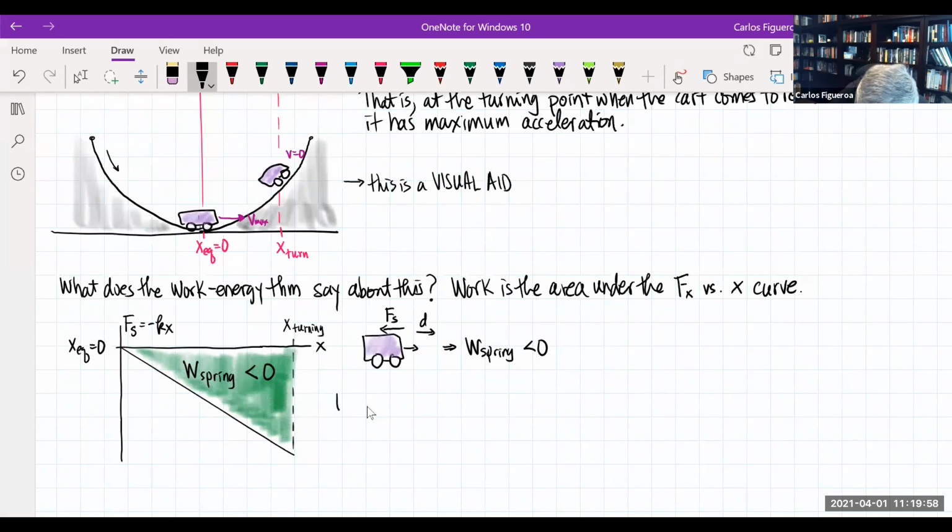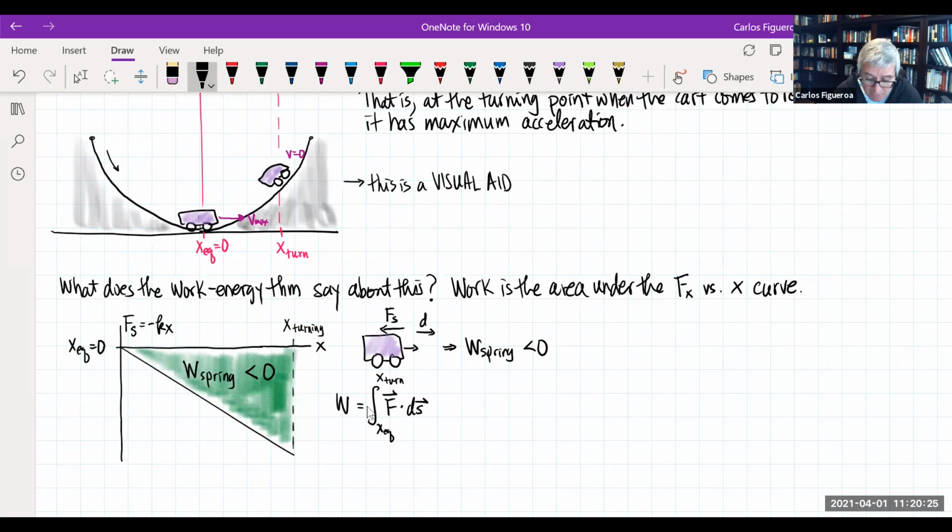So here we go. Now let's write the work. The work then is going to be what? It's going to be the force dotted with the displacement. And this is a definite integral. So I'm going to go from the equilibrium point to the turning point.